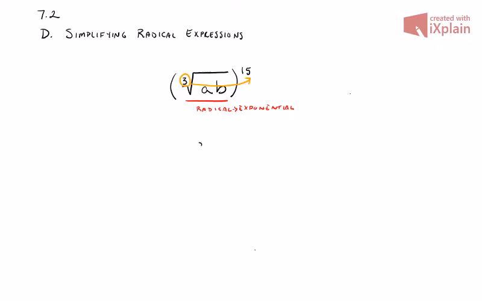This gives me AB, and again we group that, and raise it to the 15th divided by 3. But what are you noticing about the fraction that we end up creating when we translate this into its exponential form? Hopefully you're noting I can simplify 15 divided by 3. This gives me AB, just raised to the 5th power.